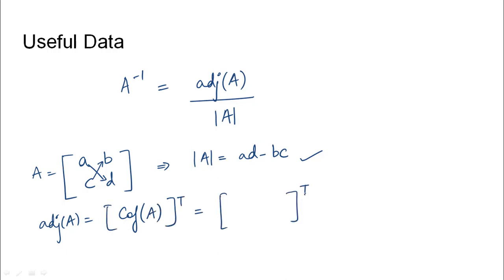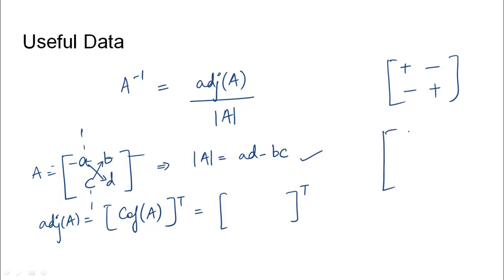The cofactor matrix of A is found by taking each element, cancelling out the row and column corresponding to that element, taking the determinant of the remaining elements and substituting it along with the sign convention. The sign convention of a 2 by 2 matrix is plus minus minus plus.